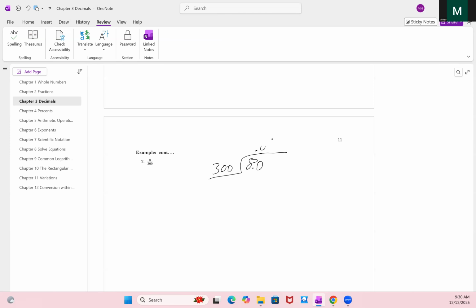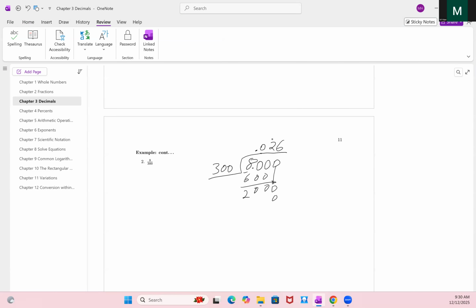So we put that 0 here, and then we put another 0 here. 300 goes into 800 2 times. 2 times 300 is 600. Subtract. The remainder is 200. We bring it down. We put another 0 here, and we bring it down. We have 2000. 300 goes into 2000 6 times.